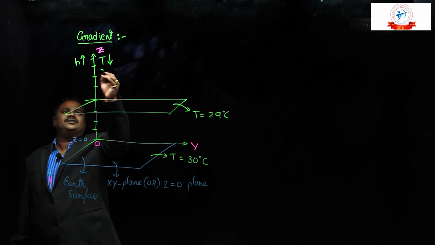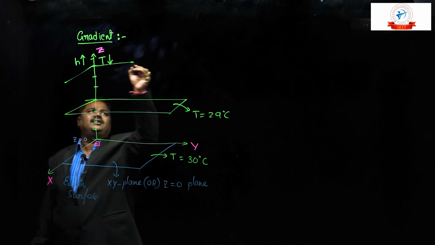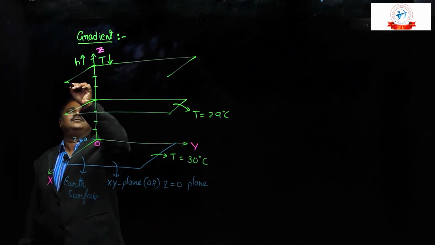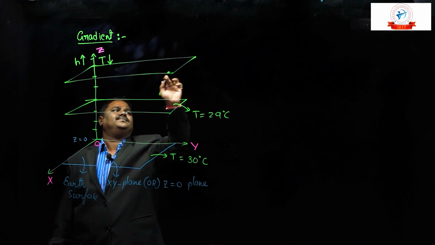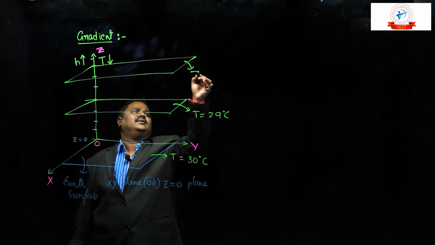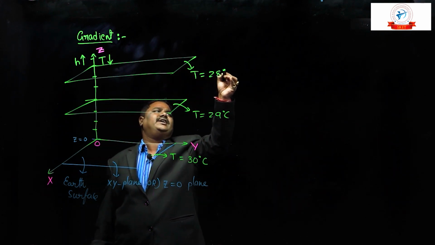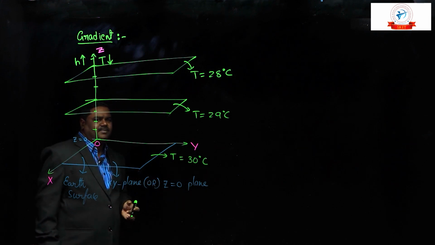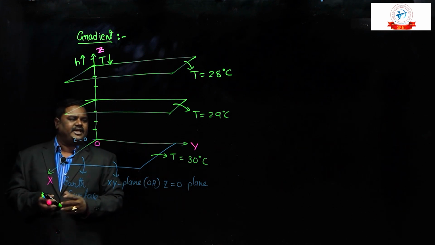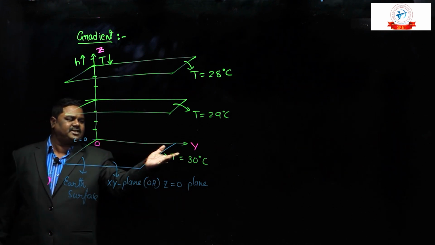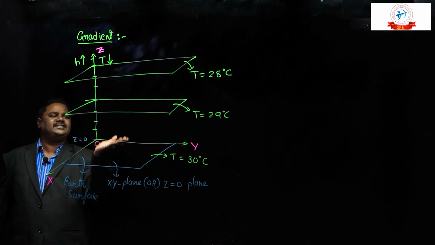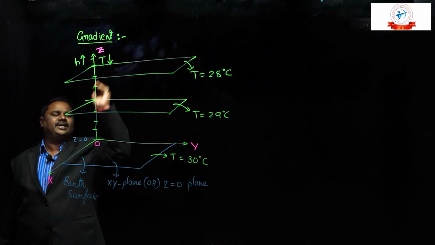Similarly, I consider another parallel plane at some other height where the temperature is 28 degrees Celsius. So simply, on the earth surface the temperature is 30 degrees Celsius. As height is increasing, the temperature is going to decrease.